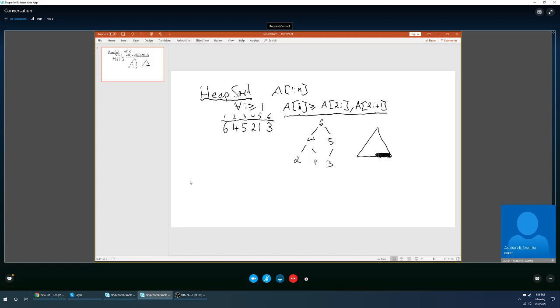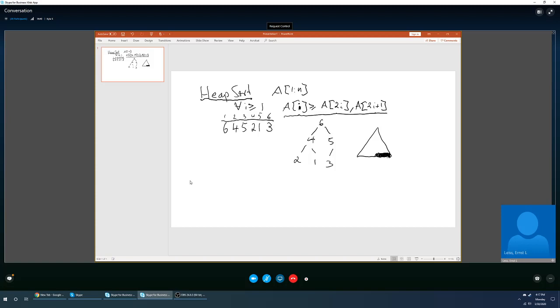So what that means is that effectively that is what we can exploit. There are two issues we have to deal with. The first one is to construct a heap, how to get a heap, and then how to take a heap and convert it into a sorted array.